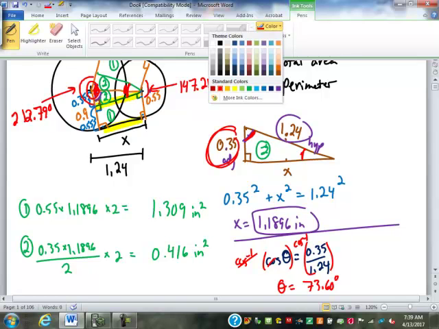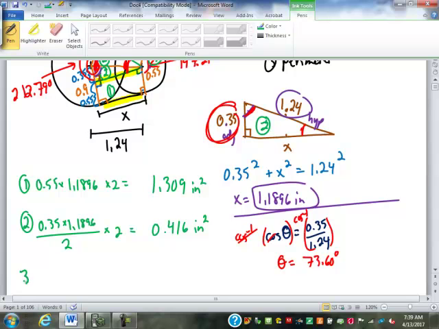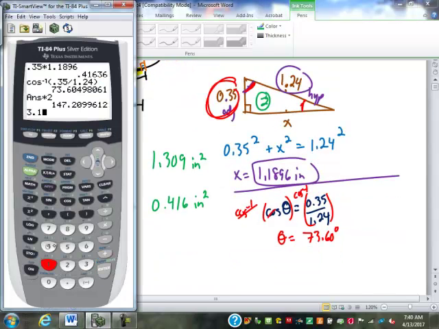So then, for piece 3 here, that circle has a radius of 0.55, so that's pi times 0.55 squared. That's the area of the circle. That'll be times that angle, 147.21 over 360. So 3.14 times 0.55 squared.